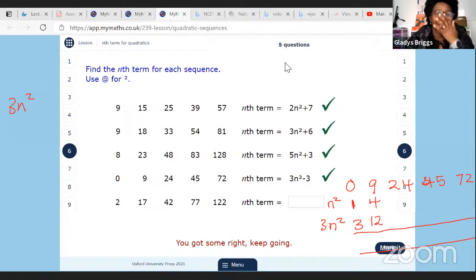Well done. Yeah, so now you guys can do it. So you're not finding it so difficult anymore. What's your answer? 5n squared.